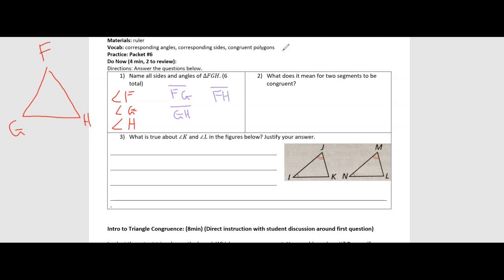All right, number 2 says, what does it mean for 2 segments to be congruent? Again, 2 things you could think about here. You could say we could map them onto one another. We could also say that they're 2 segments that have equal length. Any 2 segments that have equal length will be segments that we can map onto one another, which means that they will be congruent.